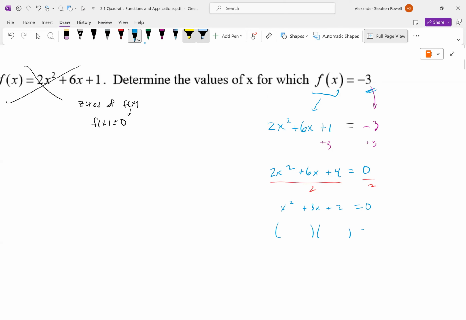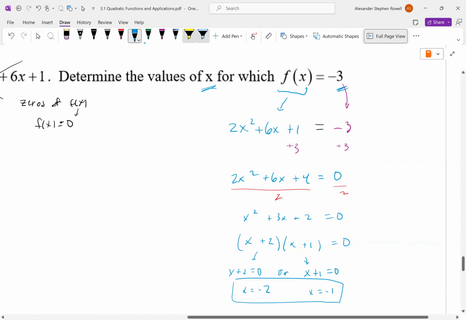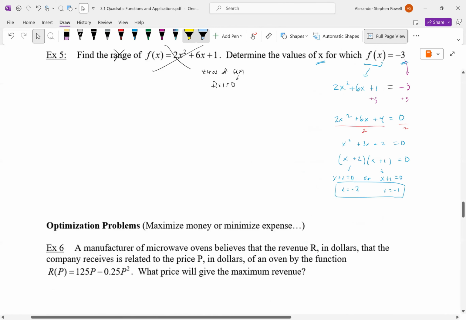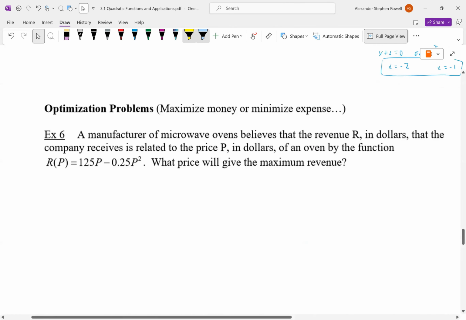And it looks like this one's factorable. x plus 2, x plus 1. So either x plus 2 is equal to 0 or x plus 1 is equal to 0. Which means x equals -2 or x equals -1 are the two solutions. It asks for the x values for which f equals -3. So if you plug it back in, you'll get what? You'll get -3, yeah.